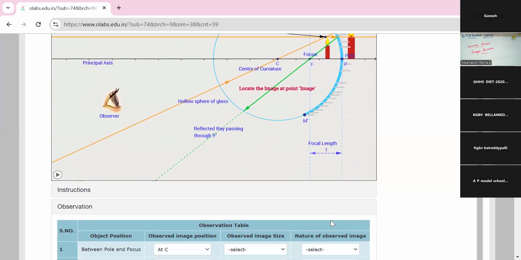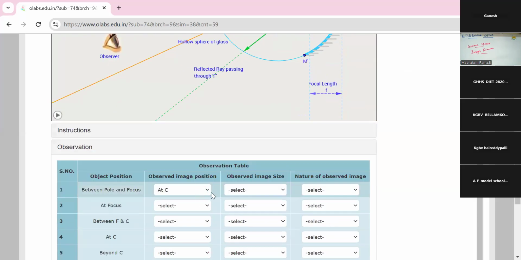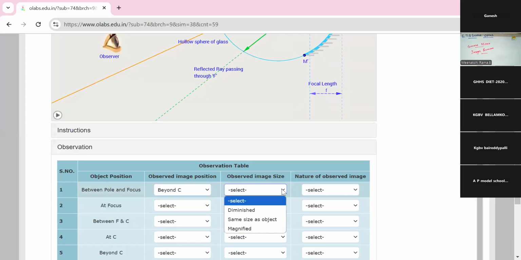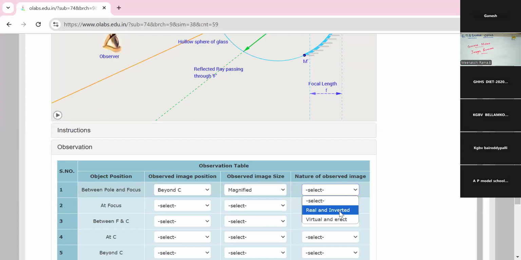So we are going to select that. Second, observe the image size. It is large, so magnified. And third, real or inverted, virtual or erect. Virtual and erect is the right answer.